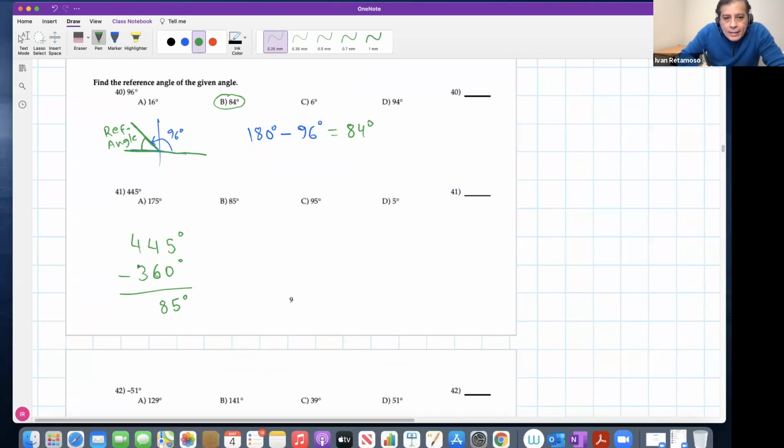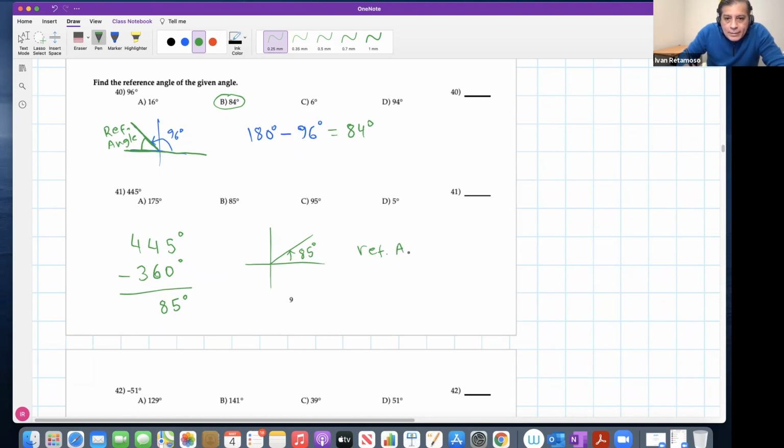But now I can just completely work, instead of working with 445 degrees, with 85 degrees, because they're coterminal. But what is the reference angle of 85 degrees? Well, 85 degrees is in the first quadrant, and in the first quadrant, the reference angle is the same as the given angle.